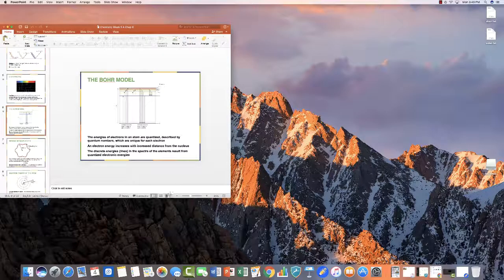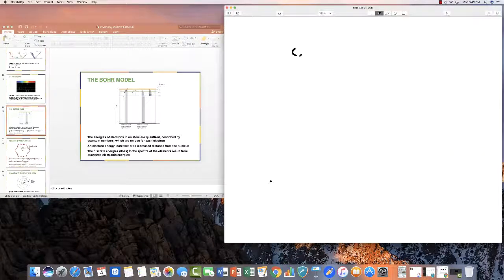Let me see if I can draw a diagram that will show this to some degree. What you have is, say this is the nucleus, and you have an electron that is flying around here. And from the outside, you apply some energy. And what happens is this electron will shift out to a higher energy level because of the application of the energy. Once this energy is removed, then the electron falls back into its normal state or ground state.